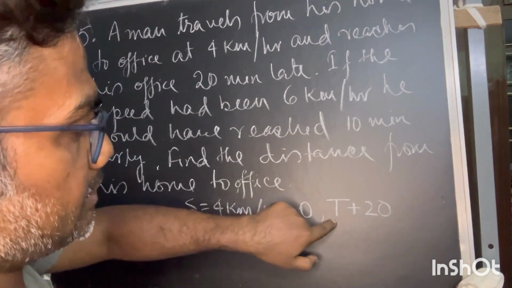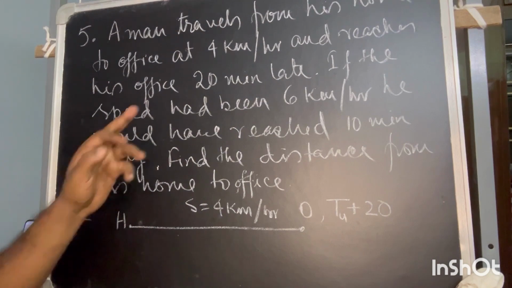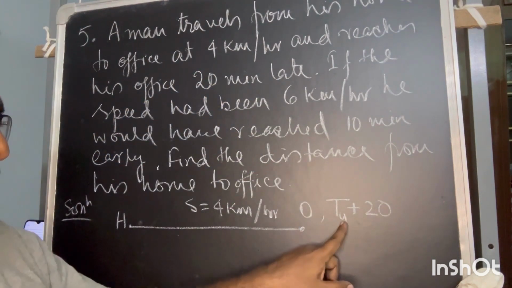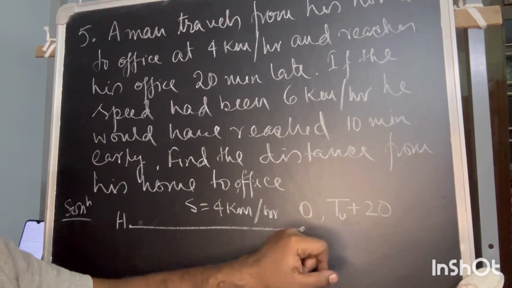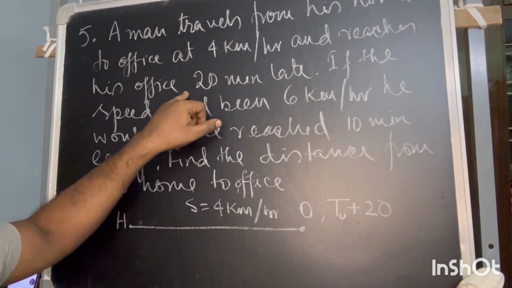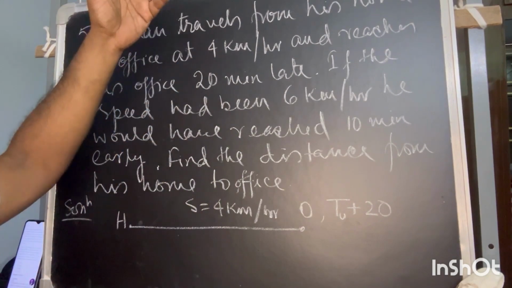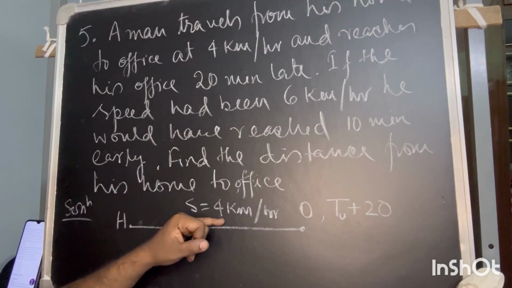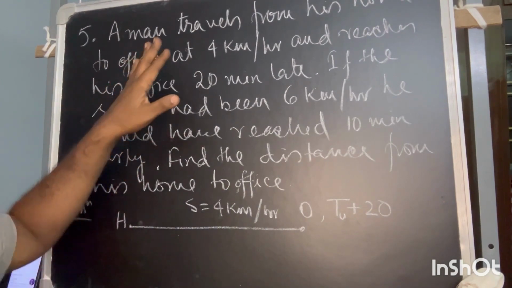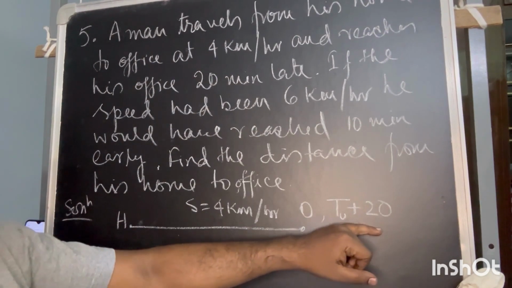So I can say the usual time of reach is TU, and he is 20 minutes late to the usual time, because there is no other option for me to correlate this value. If he had followed some other speed, he could have gone early, but following this speed he becomes 20 minutes late.